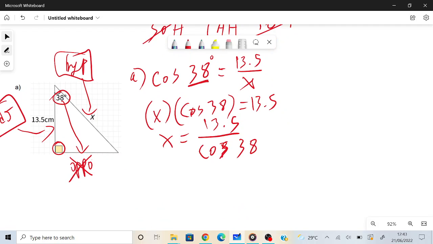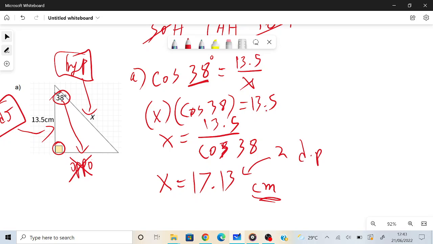And lastly, putting that in your calculator, x is 13.5 divided by cos 38. This would give you 17.13 centimeters. Be careful to work in the units that you are. It could be centimeter, it could be meter, and also to how many decimal places. In this occasion, I took it to 2 dp. That is your final answer for this.